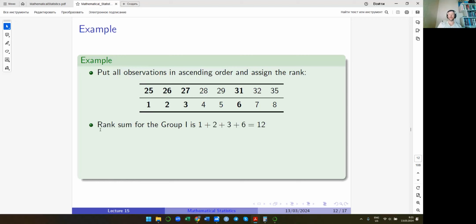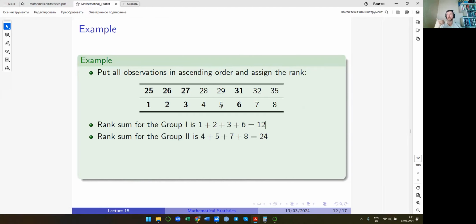Now, the rank sum for group 1. I'm taking these ranks 1, 2, 3, 6, and I sum these numbers: 12. The rank sum for group 2 is 4 plus 5 plus 7 plus 8, which is 24.